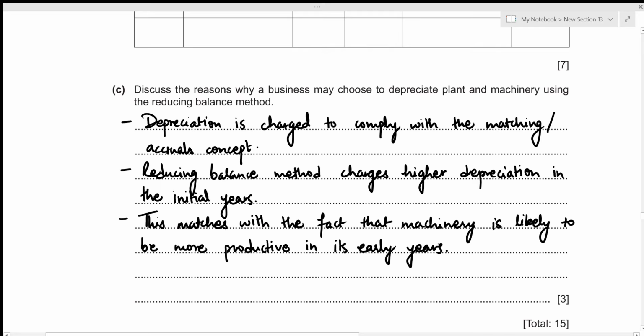Okay. Then lastly, this ensures that the value of plant and machinery is more realistic as the depreciation charge matches with the productivity from the machinery and represents a true and fair view. Let's write it down as well.